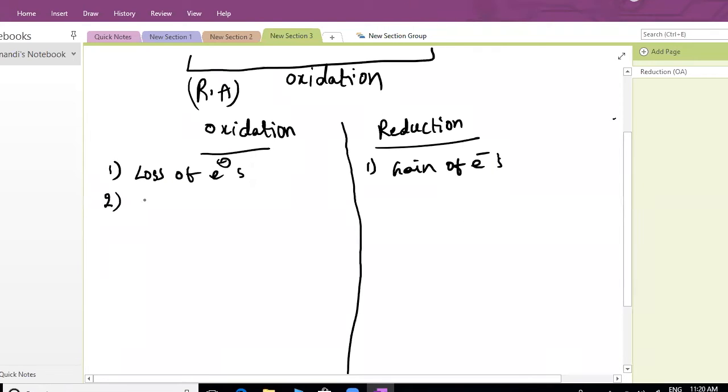Next, addition of oxygen, is it correct? Addition of oxygen is oxidation. Removal of oxygen is reduction.